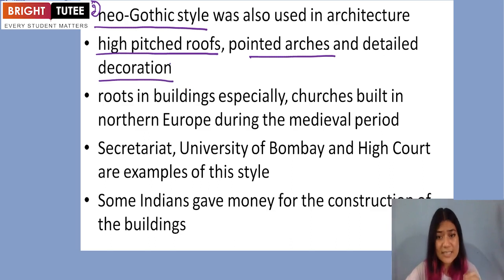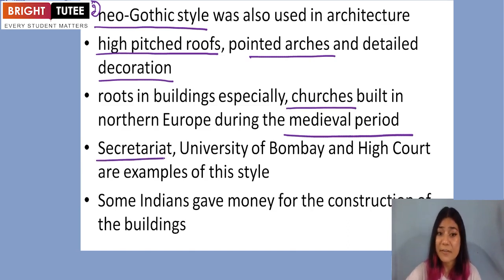This kind of style was used mostly when they built churches, and it was used in Europe during the medieval period. Some examples of this style in Bombay can be seen in the Secretariat Building, University of Bombay and High Court.